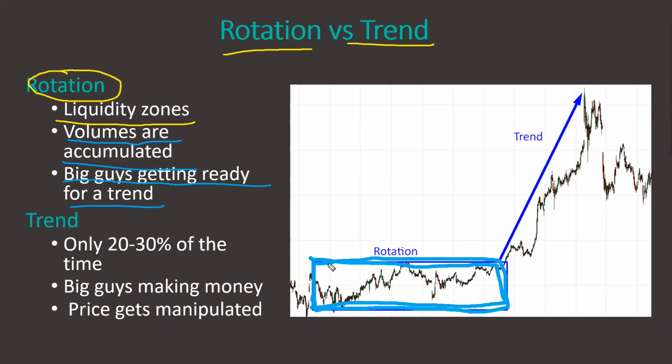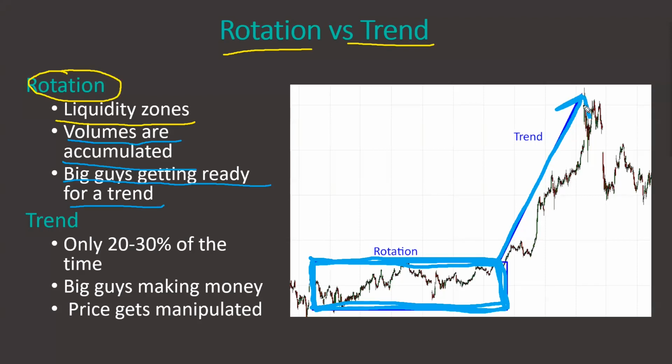Now, after those huge trading institutions accumulate their trading positions in a rotation, what happens next is that they need to start a trend to make those huge positions profitable, right? So after a rotation, there's always a trend, like here.